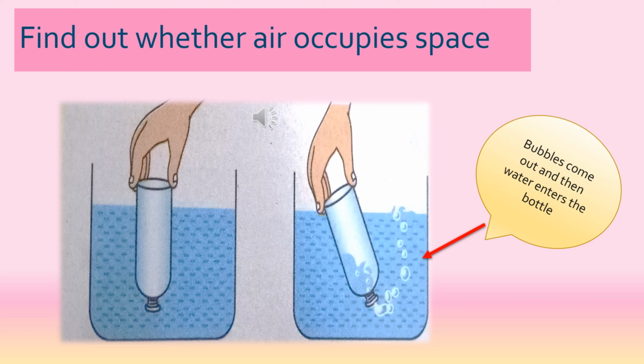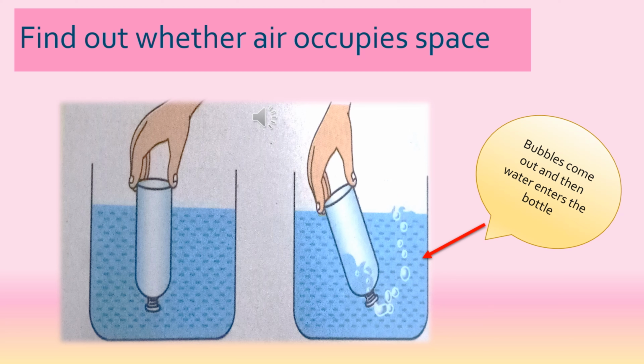Observe what happened there. When the bottle is in the position as in the first picture, water does not enter the bottle. But when the bottle is in the position in the next picture, the picture on the right side, the bubbles come out and water enters the bottle. First, water didn't go into the bottle because there was something in the bottle.